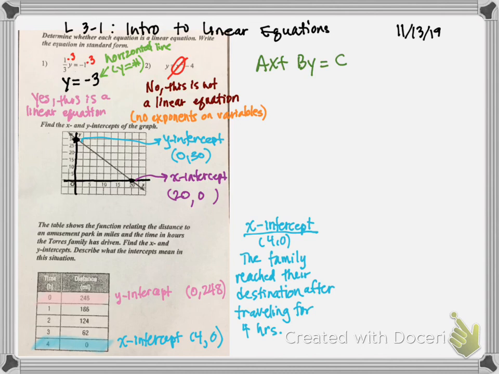All right, let's talk about the y-intercept. So that's going to be the 0, 248. What does that mean in this situation? They haven't started the trip, and they need to drive for 248 miles. Okay, so where are they right now? They're at home. They haven't left for their trip yet, okay? And it's telling us how far they'll have to go on the trip.